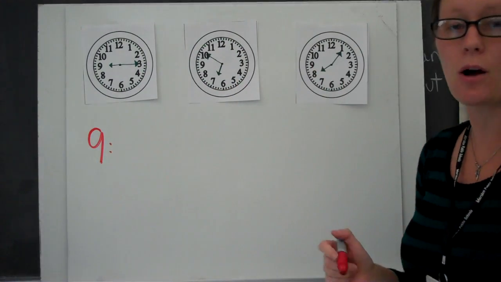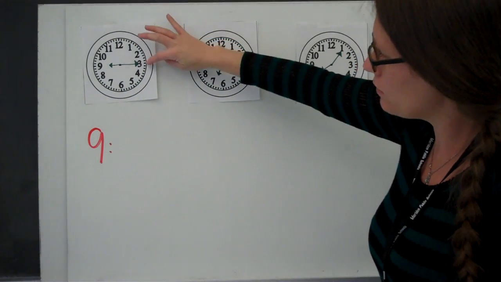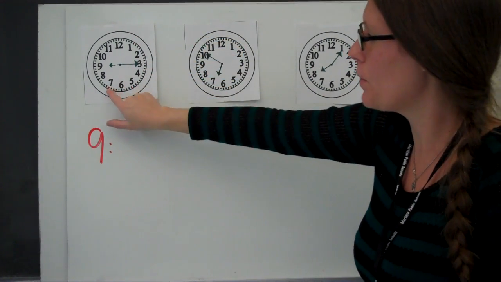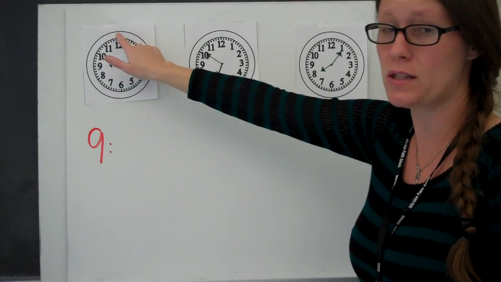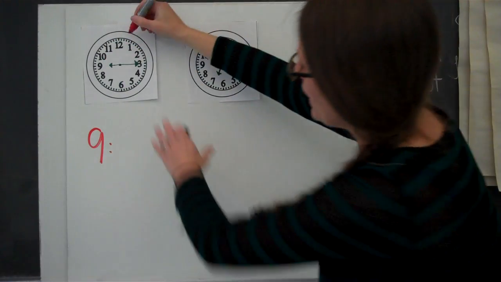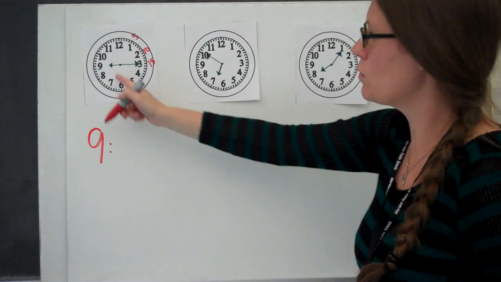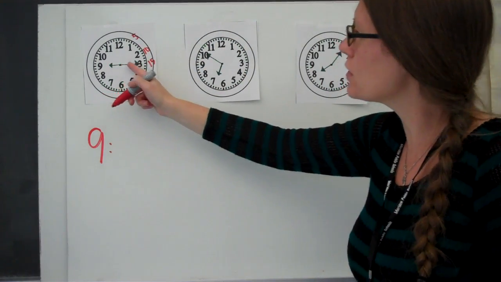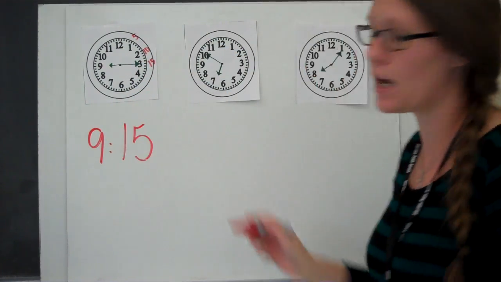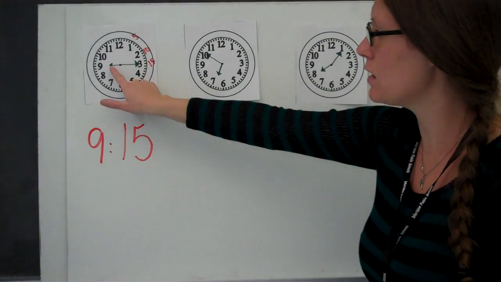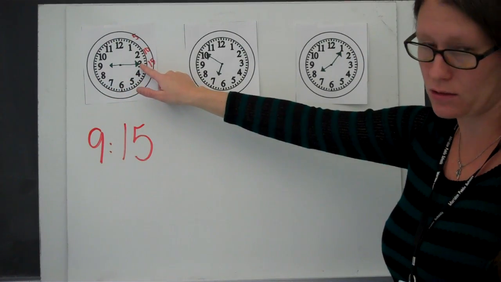When I'm figuring out my minutes, I'm going to count by fives. 5, 10, 15, 20, 25, 30, 35, 40, 45, 50, 55, and then this would become 0. So I have 5, 10, 15. When my minute hand is pointing to the 3, it's really a 15. So my time on my clock shows 9:15. My hour hand and my minute hand.